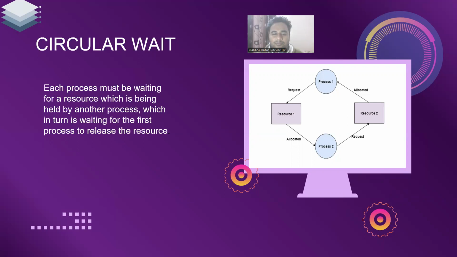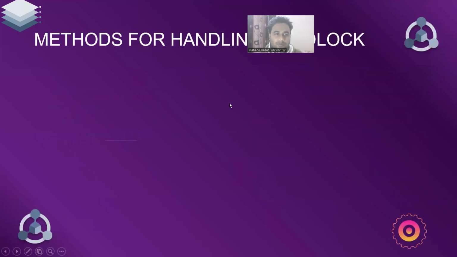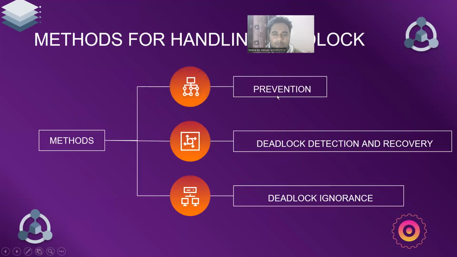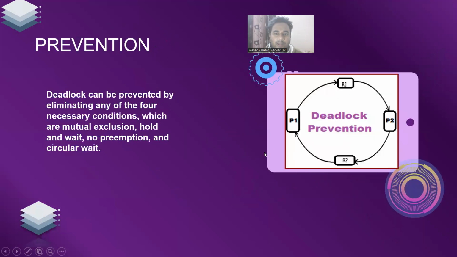And now I will discuss methods for handling deadlock. This part we split into three sections: prevention, deadlock detection and recovery, and deadlock ignorance. First, deadlock prevention.